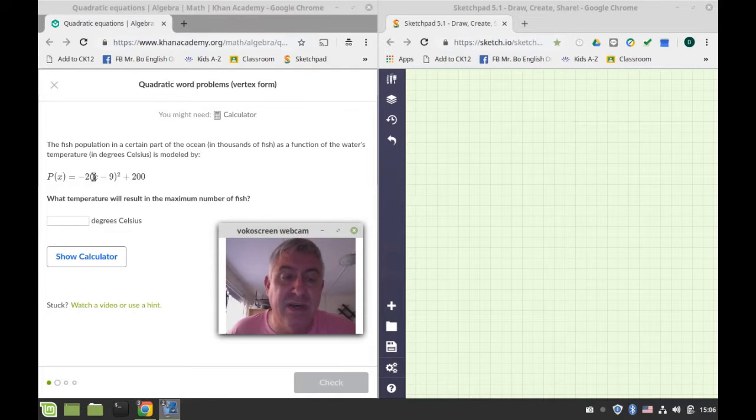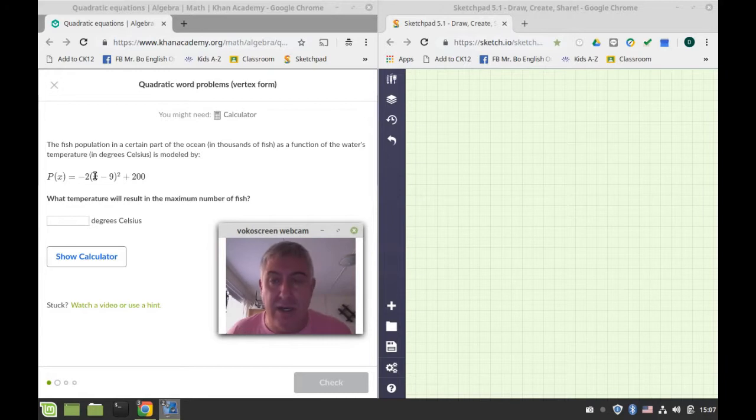So if the temperature is in some range here, on the lower range, there won't be many fish surviving, and as we get towards the middle, we'll get more fish, and then we'll go down.